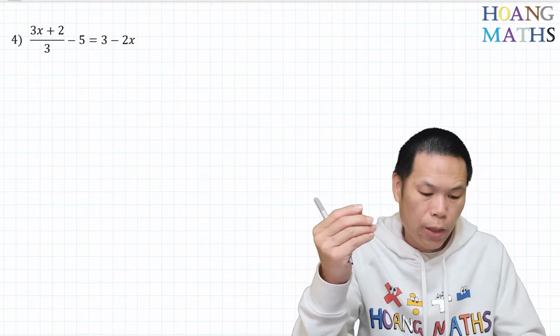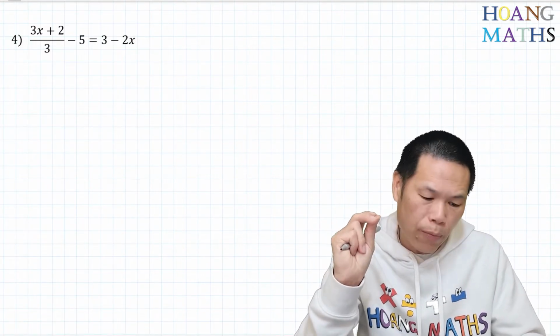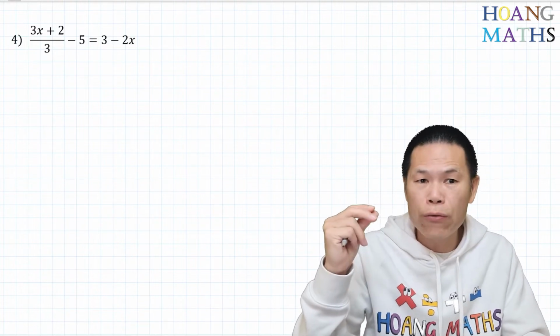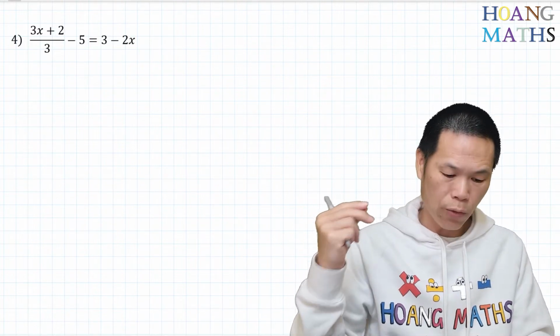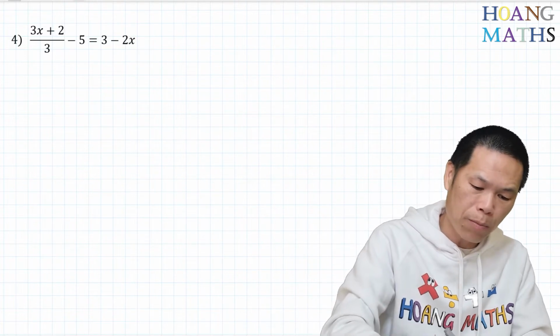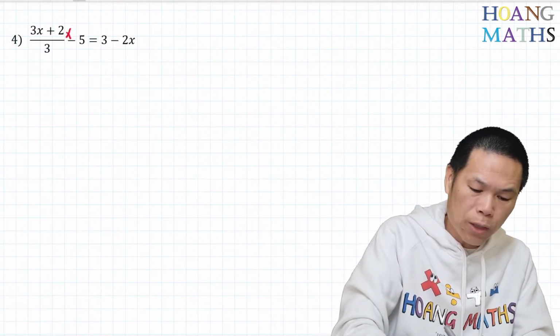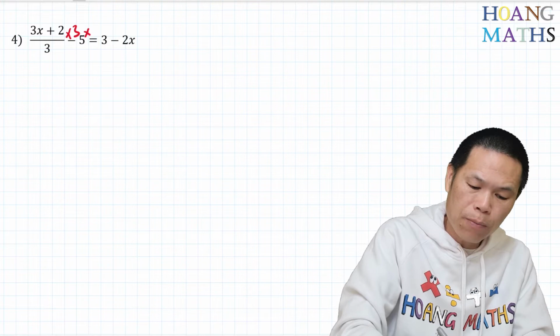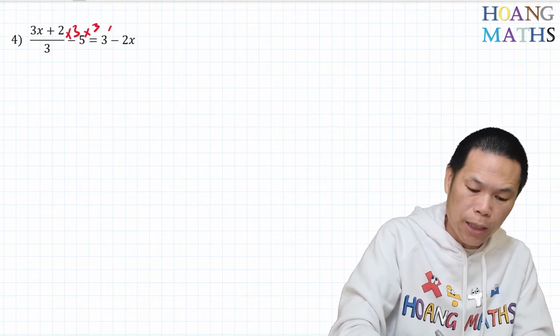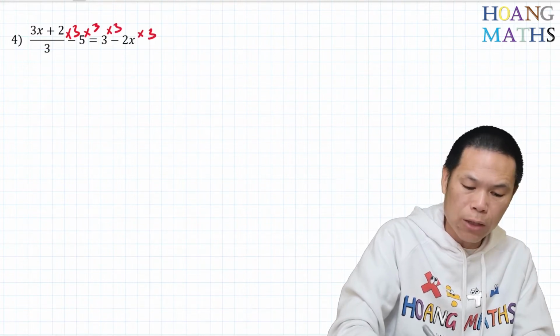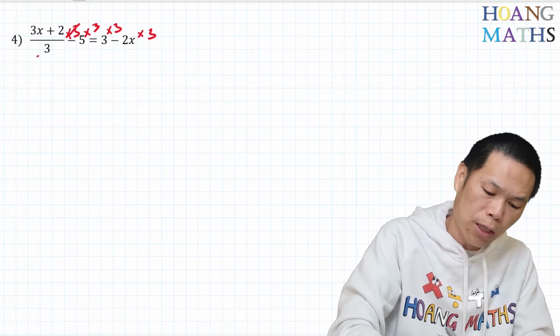Question 4. So what we need to do is get rid of the 3 because we want all the fractions to disappear. So we times every term by 3. So this term, we times by 3, and this term, that is 5 times 3, and this times by 3, and this times by 3, so that we can cancel this 3.